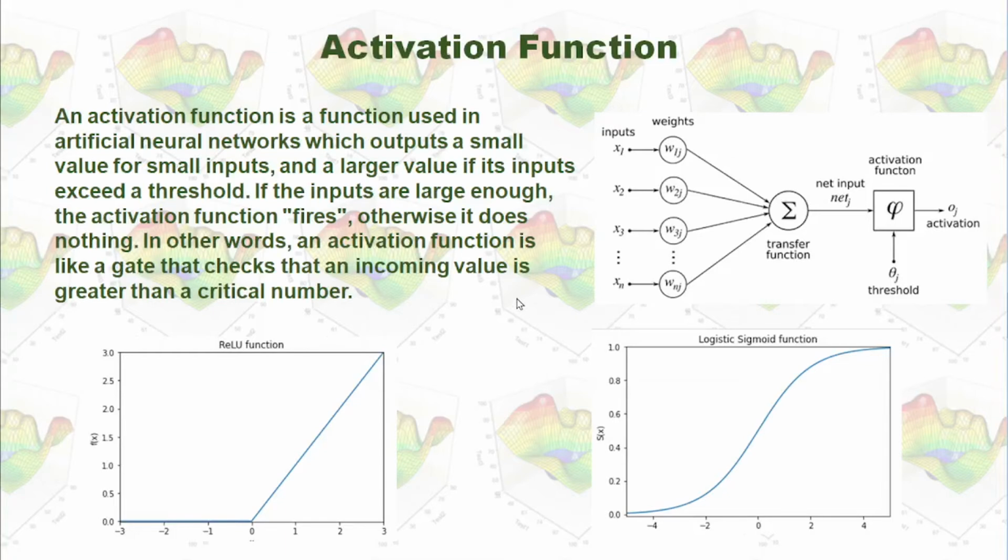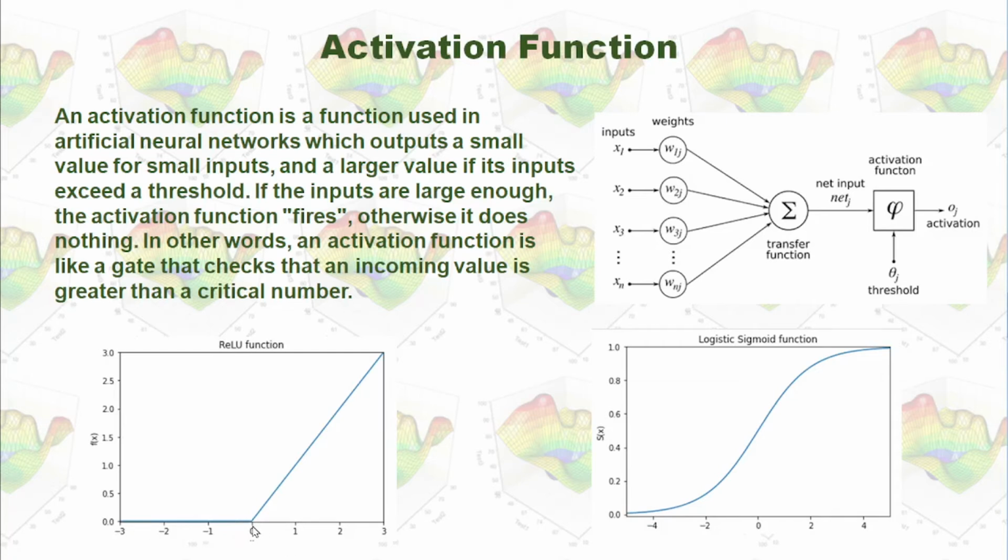There are many types of activation functions we usually use. Here, let me give you two examples. First one is called ReLU function. This function works like this. If the input value to this activation function is less than 0, or it is negative, then the output will be 0.